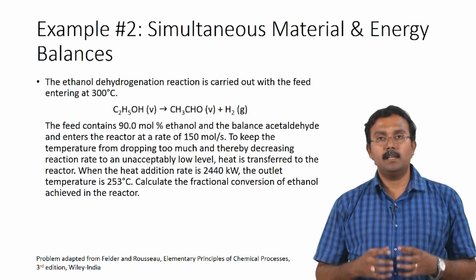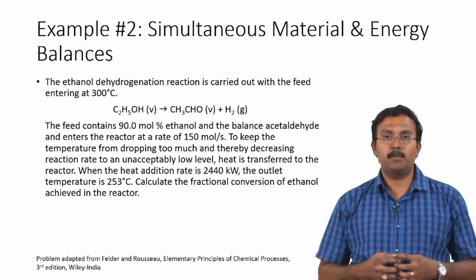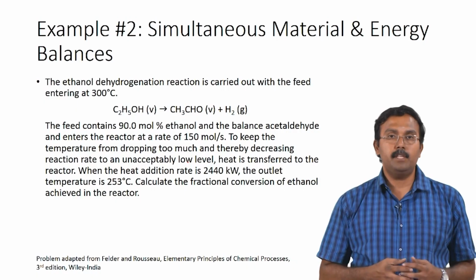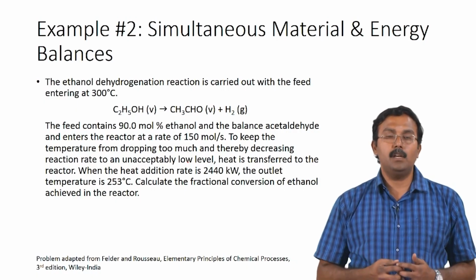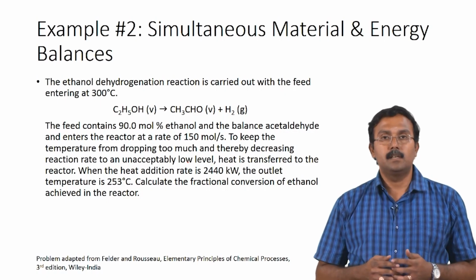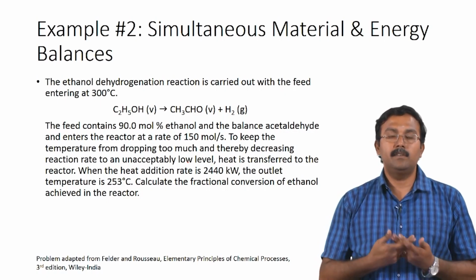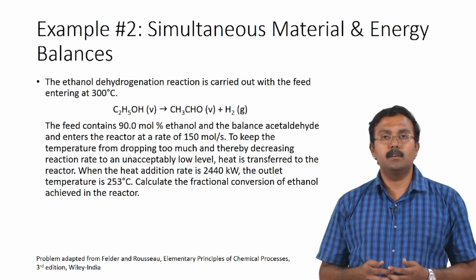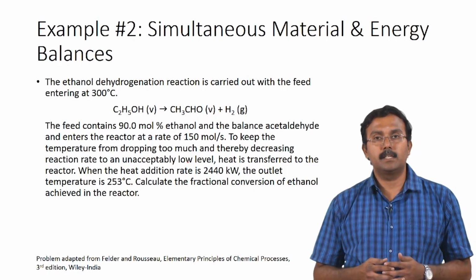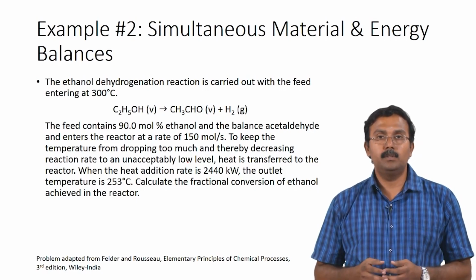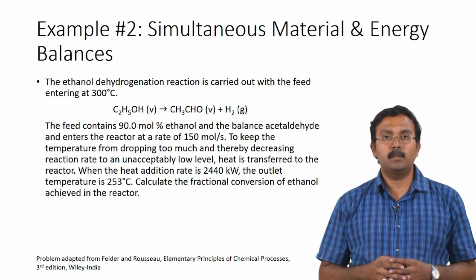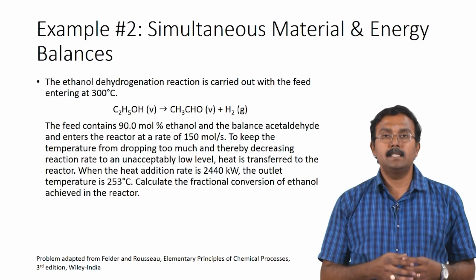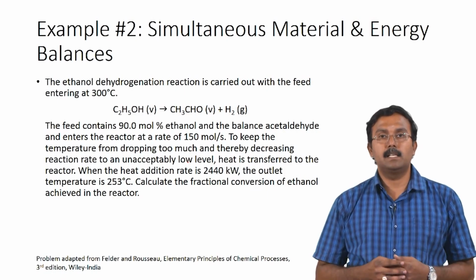So, if you were to look at this problem and compare it with the previous problem which we solved, in the previous problem we were given the conversion, however we were not given the exit temperature. Here we have actually been given the exit temperature but not the conversion. We have been asked to calculate the conversion. So, we can actually do this. We are trying to get this value. For this we will try to perform the energy balance and the material balance simultaneously.